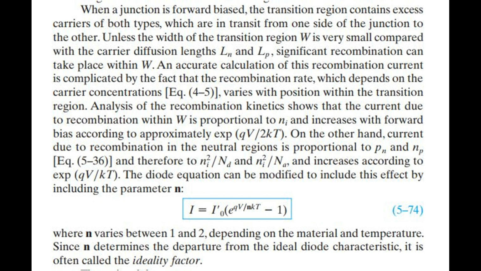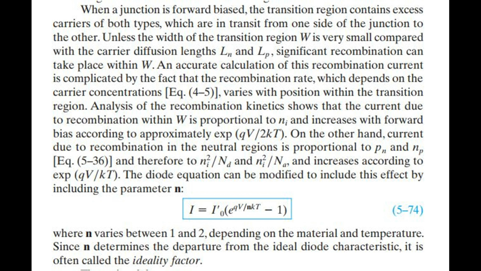Analysis of the recombination kinetics shows that the current due to recombination within W is proportional to ni and increases with forward bias according to approximately exp(qV/2kT). On the other hand, current due to recombination in the neutral regions is proportional to pn and np, EQ 5.36, and therefore to ni² over donors and ni² over acceptors, and increases according to exp(qV/kT).